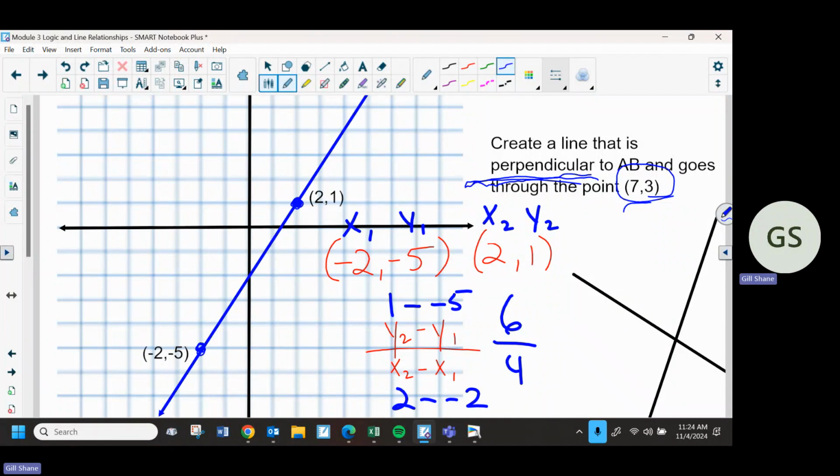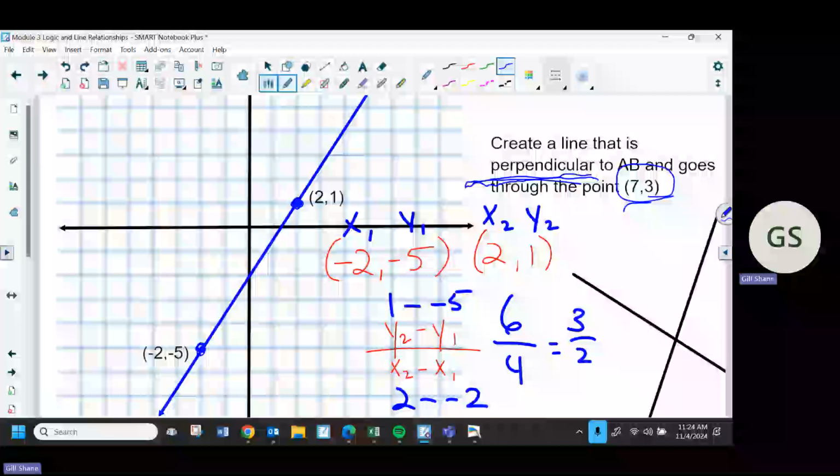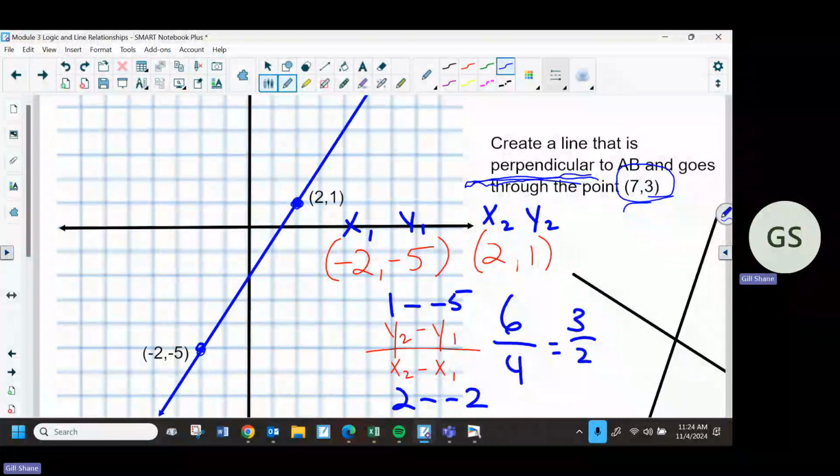Here's the other thing you have to remember to do in these. Make sure you simplify the fractions. It's most important on what we did last week. If you get two different slopes that look different, but really they're the same, if you simplify them, then the lines would be parallel. But if you don't simplify them, you may say, oh, those aren't the same numbers, so they're not the same slope, when in reality they were.